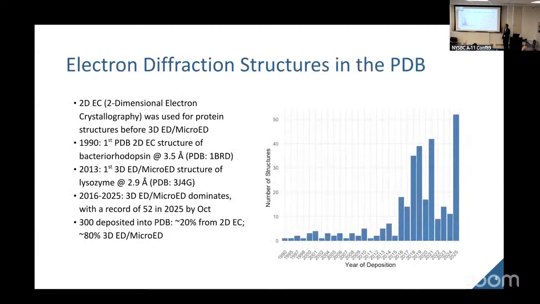For the PDB, we knew 2D electron crystallography first, before anything about MicroED or 3D ED. In 1990, the first PDB structure resolved by 2D electron crystallography, on bacteriorhodopsin, was resolved at 3.5 angstrom.